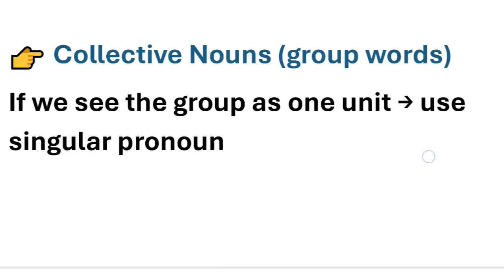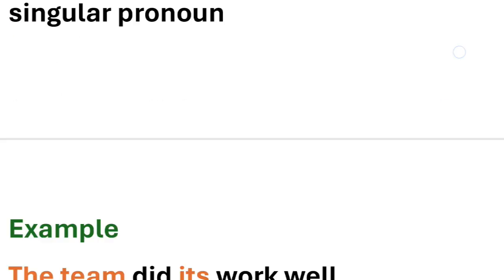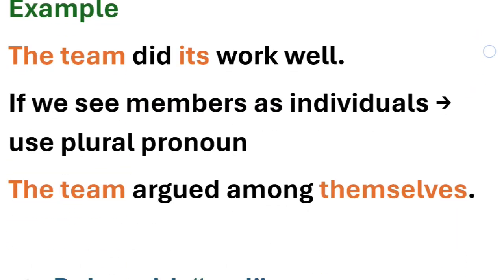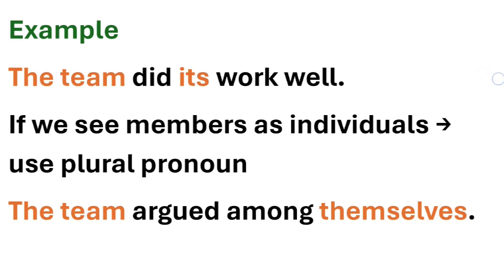Now let's talk about collective nouns. When nouns are used as collective, how to use pronoun in that case? If we see the group as one unit, we use a singular pronoun. So imagine there are a lot of people in a group, and that entire group we are considering as one single unit. We have to use a singular pronoun in that case. Let's understand this with an example.